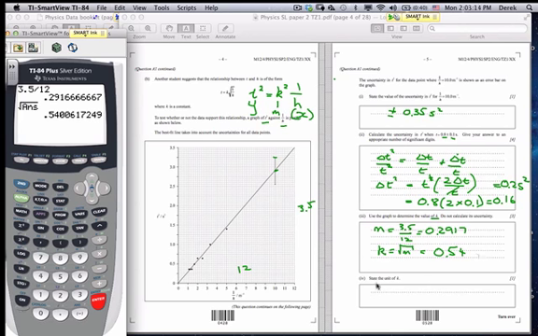Now it says to state the unit of k, so we've got the value of k here. When finding the slope, we had seconds squared divided by meters to the negative 1.